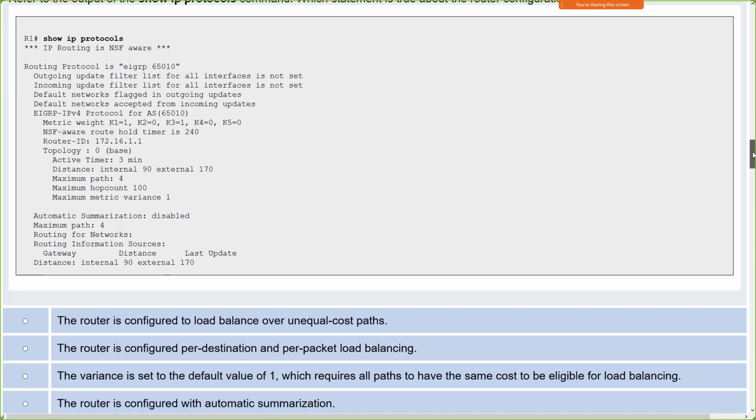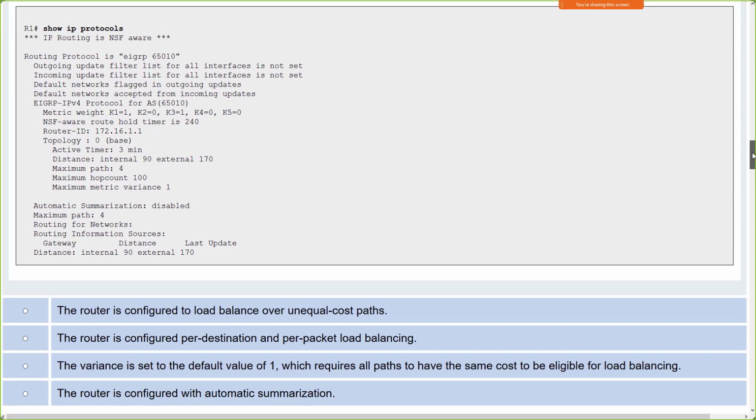Let's see what the question says. The router is configured to load balance over unequal cost paths. We know that's not true because this variance value would have to be something other than 1. The router is configured per destination and per packet load balancing. I'm not sure how you would determine that from this output.